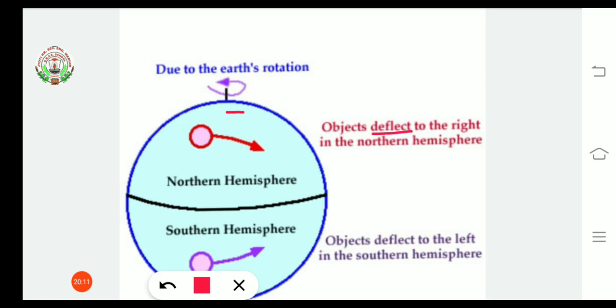The objects deflect. Deflect means, as I have explained, to change the direction. Here objects change the direction to the right in this northern hemisphere. Now in the southern hemisphere, what will happen? The objects will deflect to the left in the southern hemisphere.